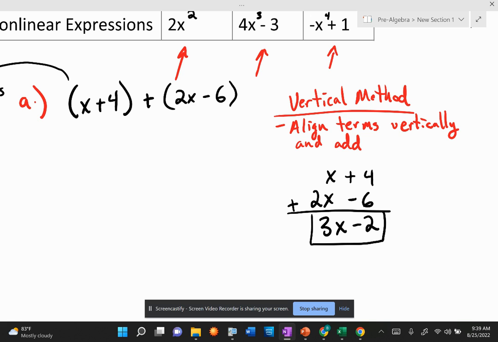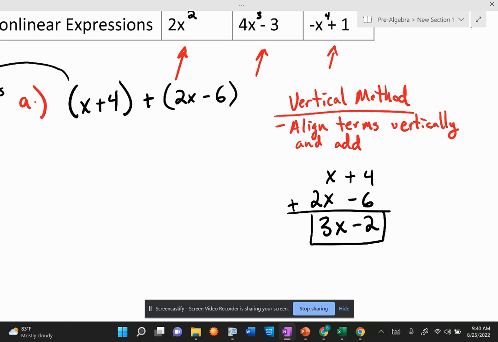Horizontal method. Horizontal method, I think for a lot of students, you start out using vertical. And as you get more and more used to doing this, horizontal is kind of where you'll transition to. It's a little quicker because you don't have as much, well, I don't know. Horizontal is more of a like, you can kind of eyeball it a little bit more rather than having to write everything out.